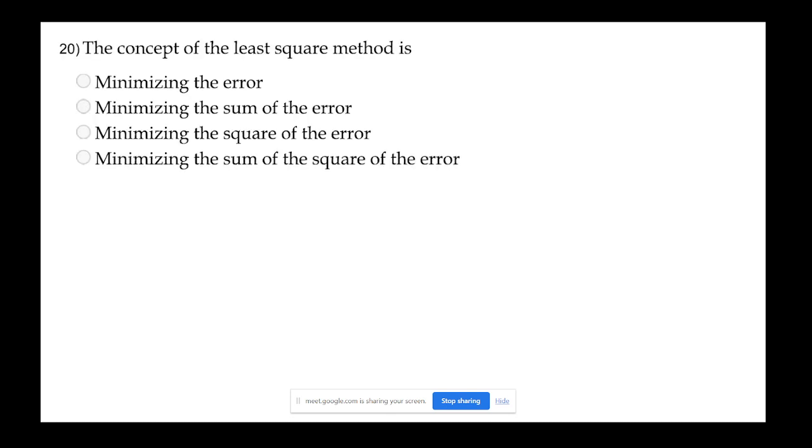Next question is, the concept of least square method is dash. I have already explained this in the beginning of this class. So what is the least square method?